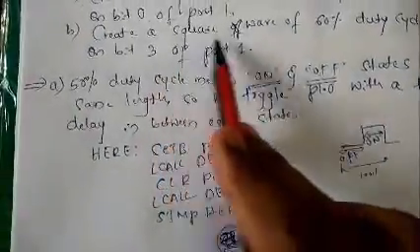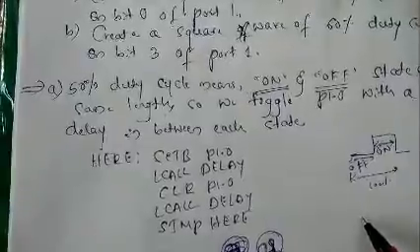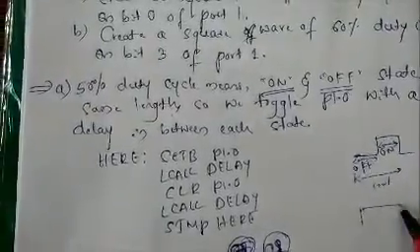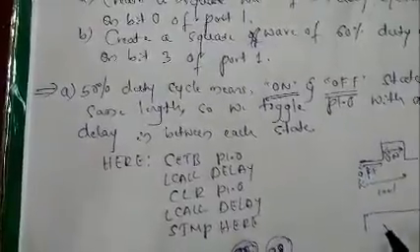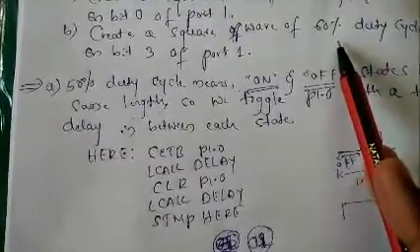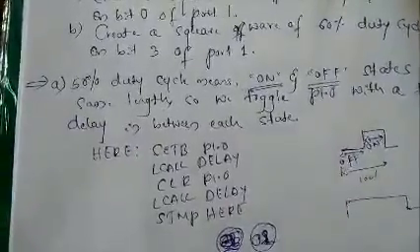Second, create a square wave of 60% duty cycle. 60% duty cycle means the on state is almost twice the off state.